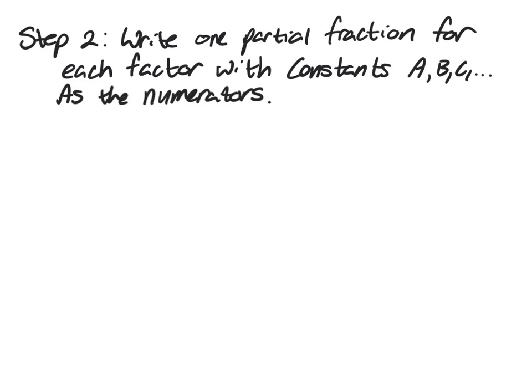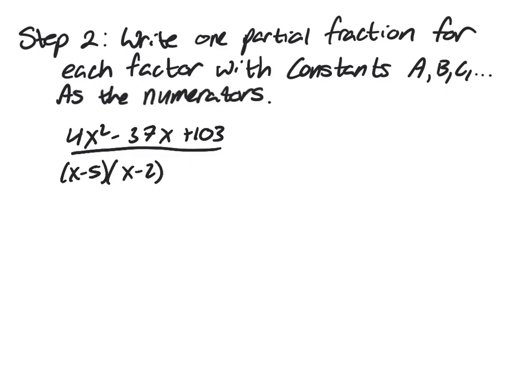So after we factor, we want to write one partial fraction for each factor with the constants a, b, and c as our numerators. This is going to look basically the same as what we did before. We should have 4x squared minus 37x plus 103. We're just writing that original rational expression that we had just factored. I just fudged the order there, but it doesn't really matter because multiplication is commutative.